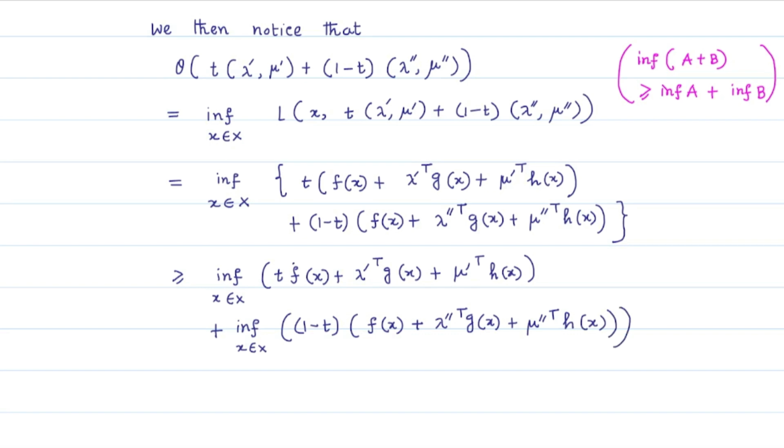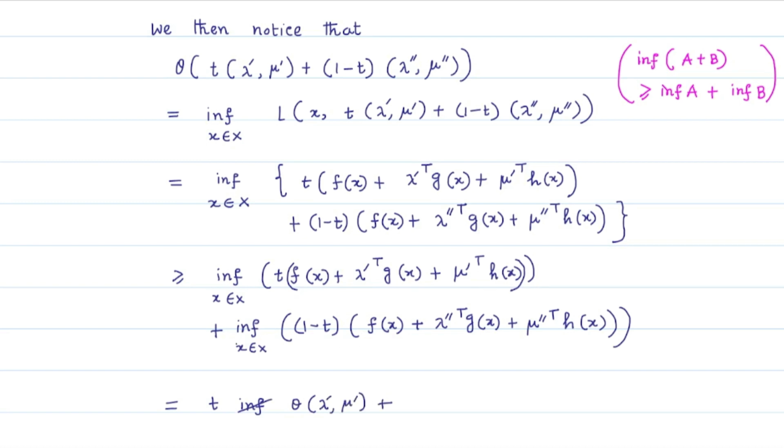Here, sorry, we have t being multiplied over the entire expression. Now as the infimum is taken over this variable x, this t can be brought out of the infimum, and accordingly we can write it as t times the infimum of the expression f(x) plus this entire expression till mu dash transpose h(x), which is simply the expression theta(lambda dash, mu dash).